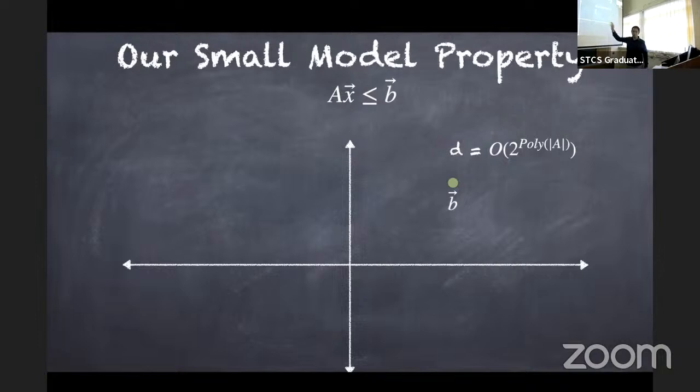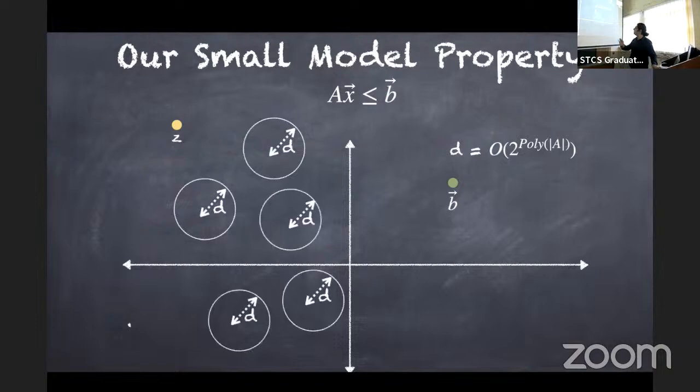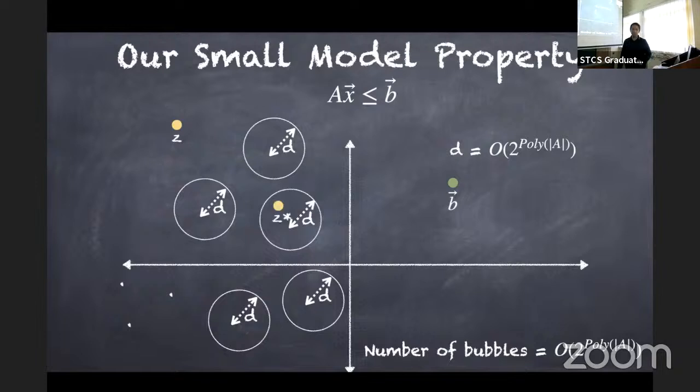It's exponential in the size of a, such that if there exists a solution there, then there are some exponentially many balls of radius d, again independent of b, such that there exists a solution in one of these balls.